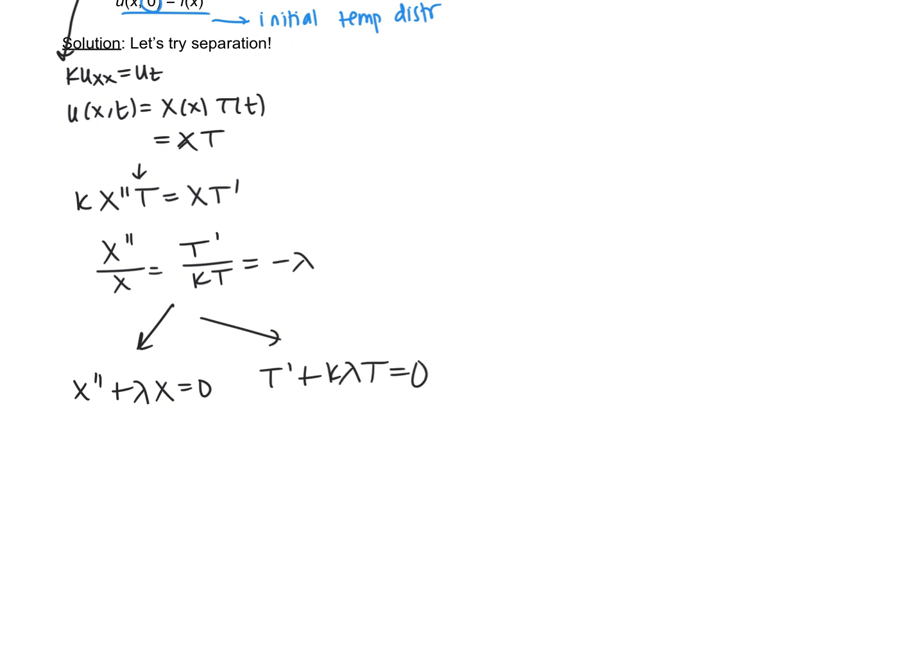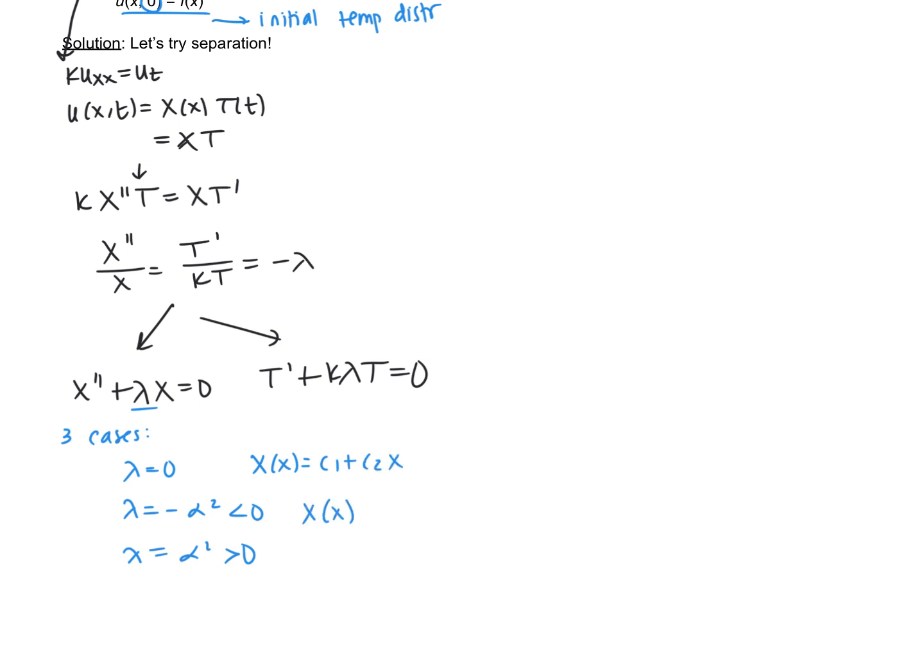Now, when we've solved this before, we know that there are 3 cases for the solution, depending on the value of lambda. Lambda could be equal to 0, lambda could be equal to some negative number, or lambda could be equal to some positive number. We've already solved each of those in an earlier video. When lambda is equal to 0, we get X to be c1 plus c2 x.